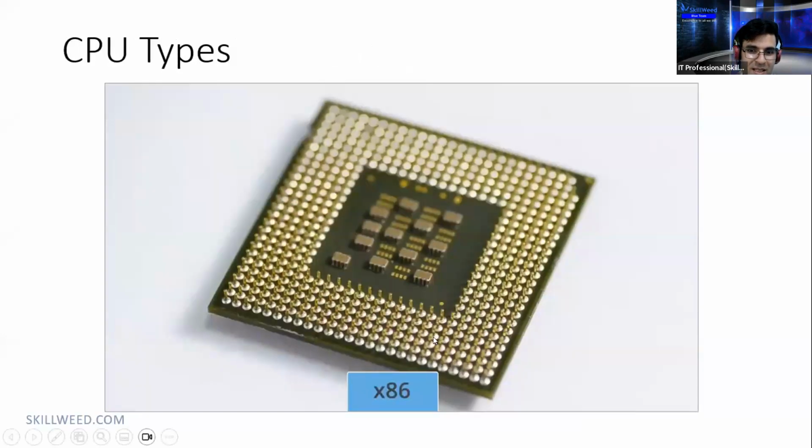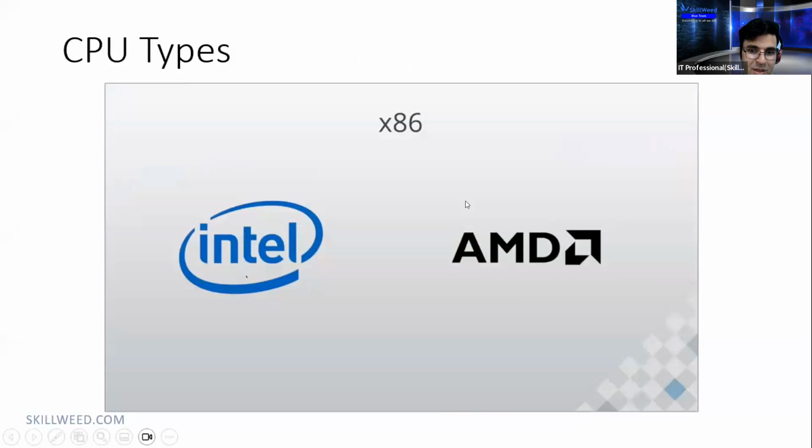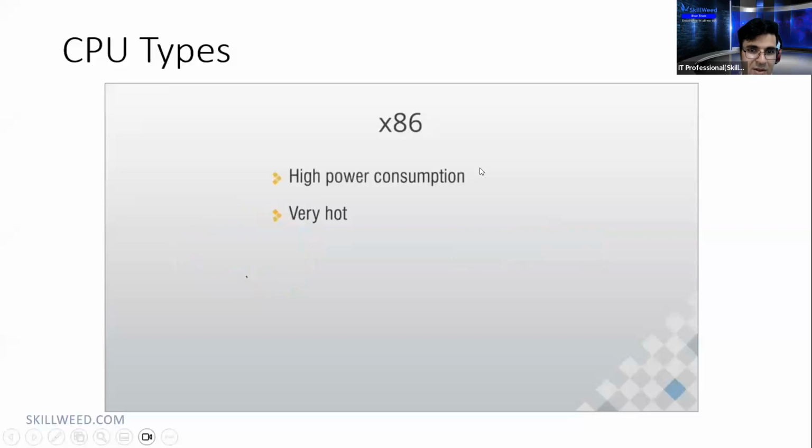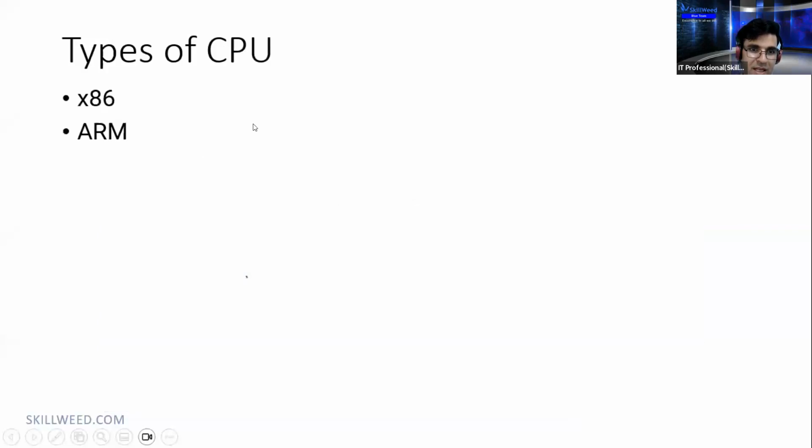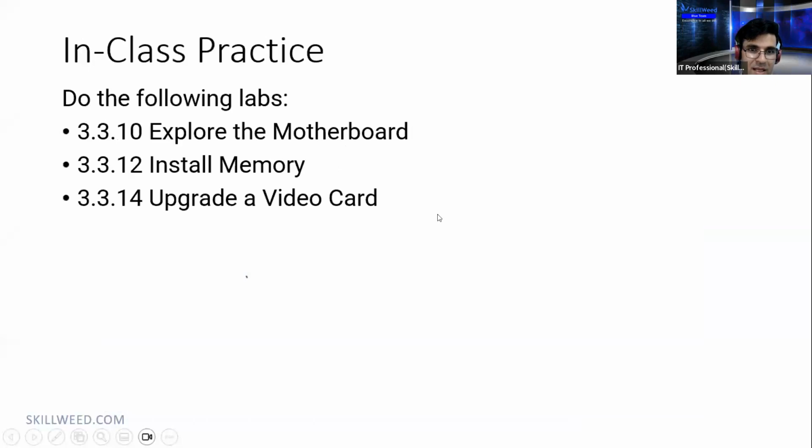These are the x86, meaning 32-bit CPUs. We have two big giants, AMD and Intel. High power consumption, very hot. These are the things we will explore.